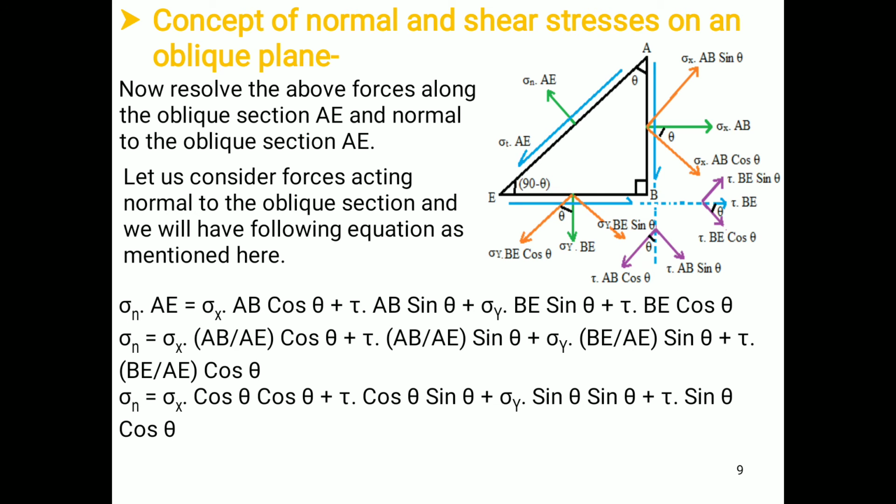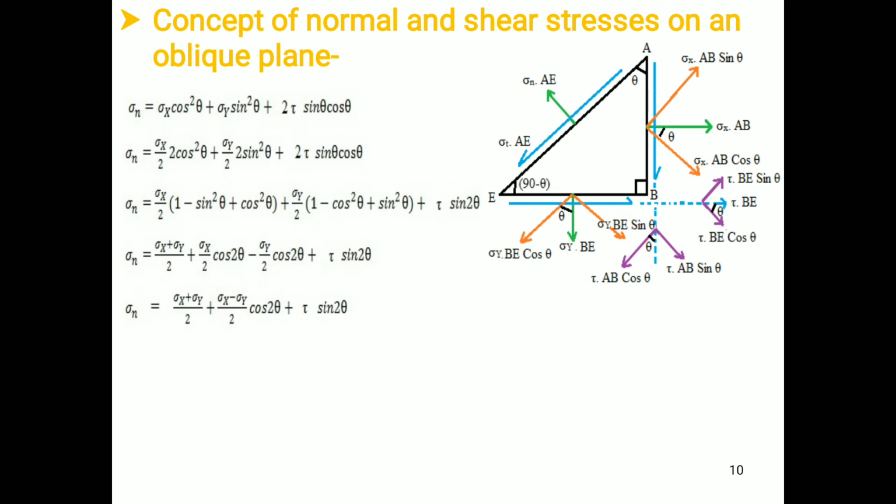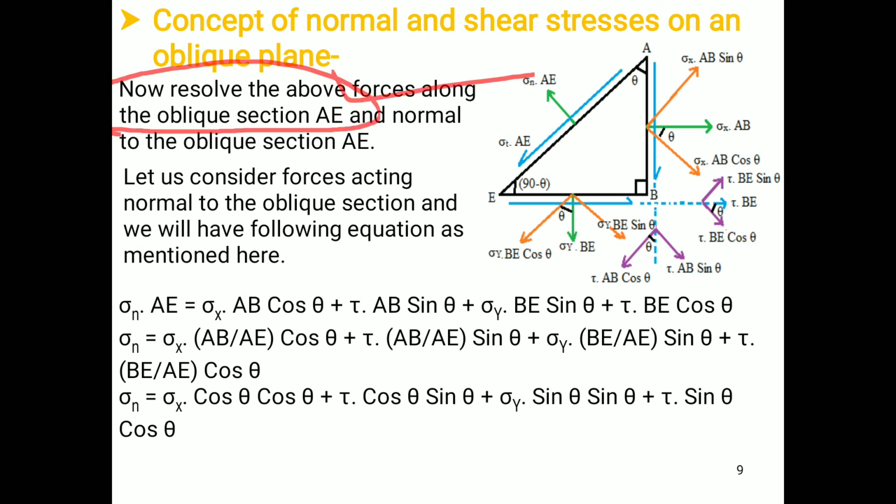Again we will rearrange the equation in the following manner. If you rearrange the equation we will have sigma n is equal to sigma x cos square theta plus sigma y sin square theta plus 2 tau sin theta cos theta. Is it okay? We have this equation from the previous equation.